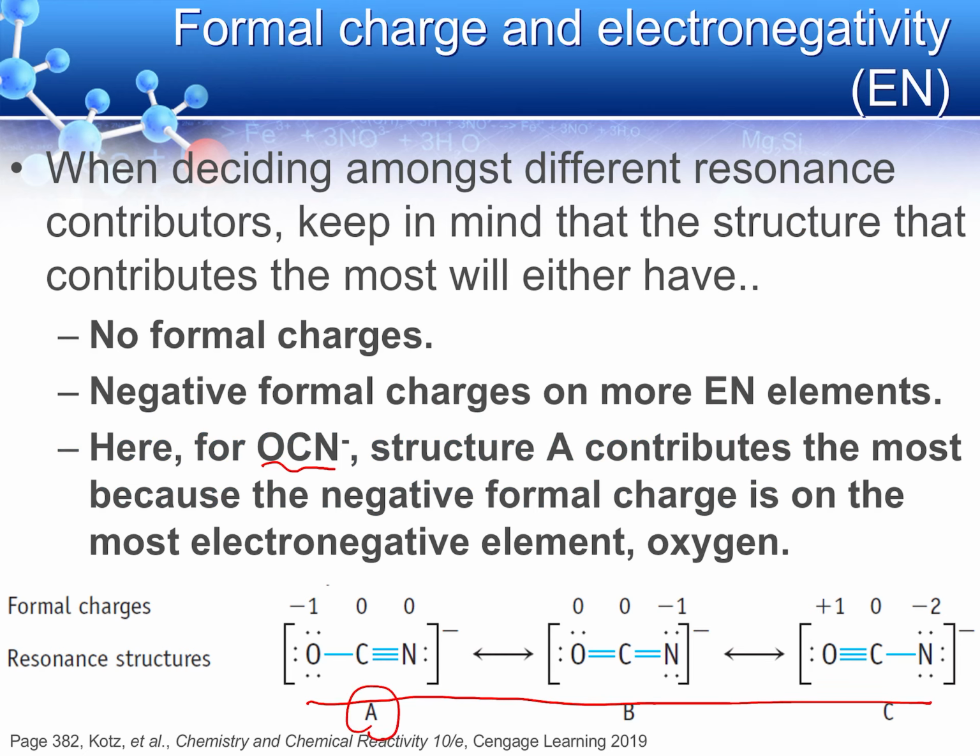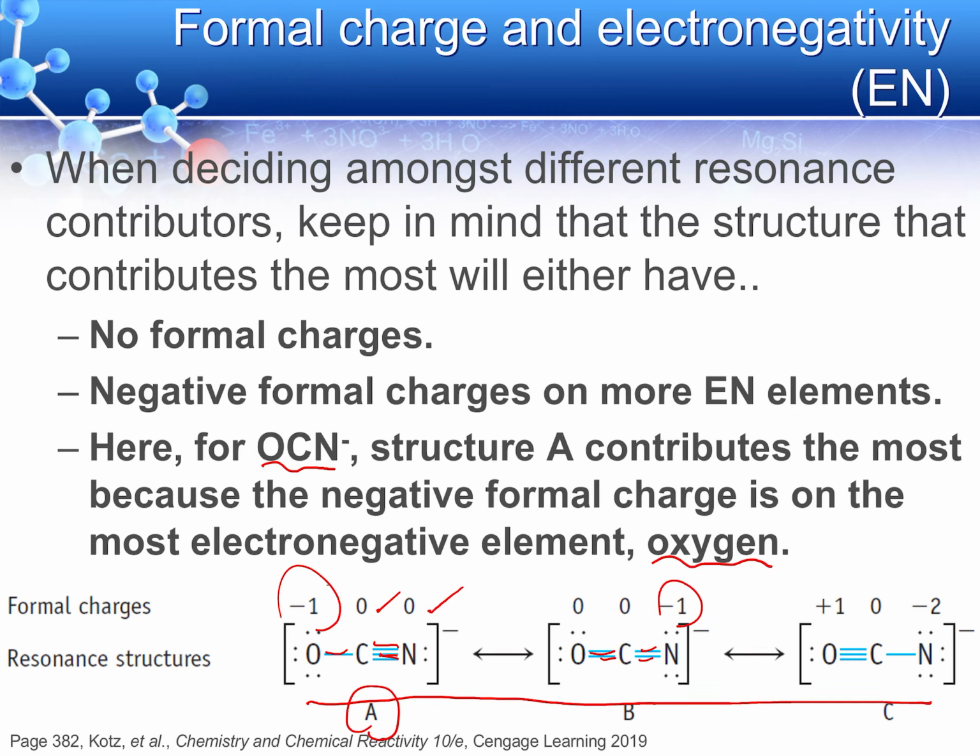And you see that you can have no formal charge on the nitrogen and no formal charge on the carbon and a -1 formal charge on the oxygen. If you draw instead of a single bond and a triple bond over here, if you just drew two double bonds and then you did the formal charges, you'd find that the -1 formal charge is on the nitrogen.